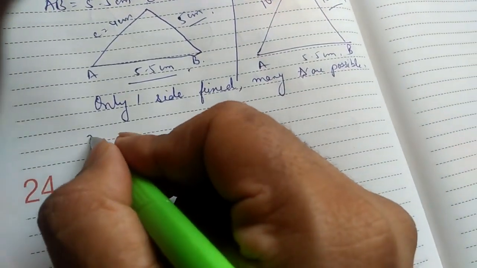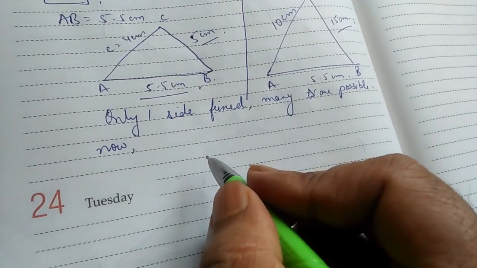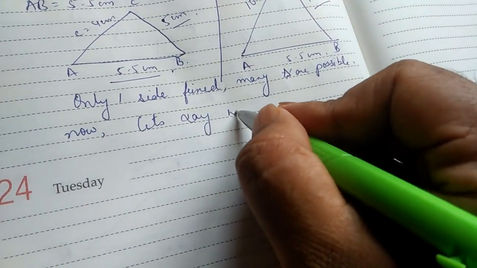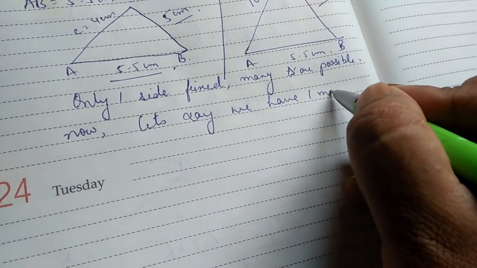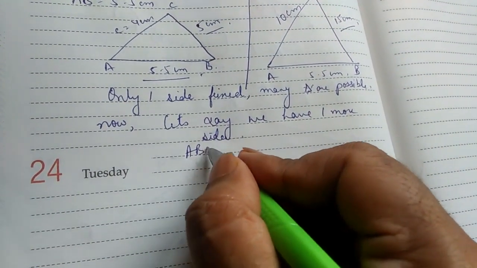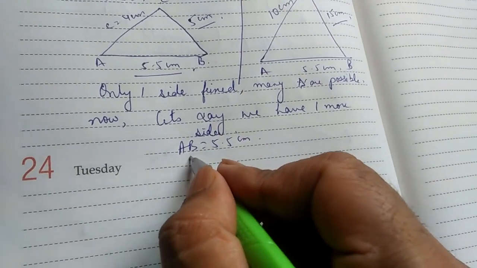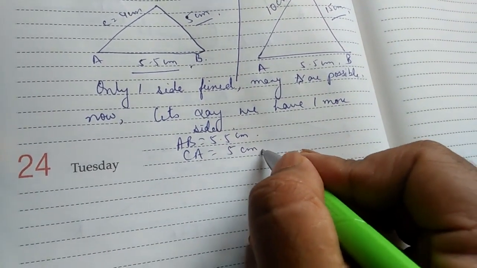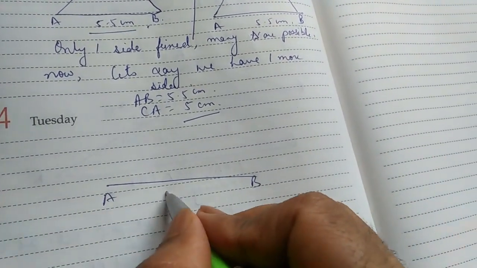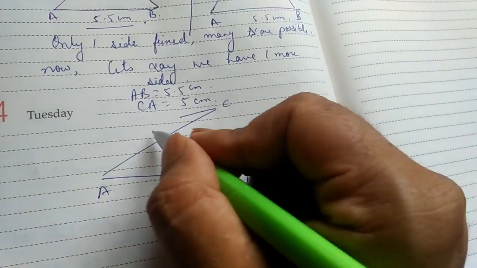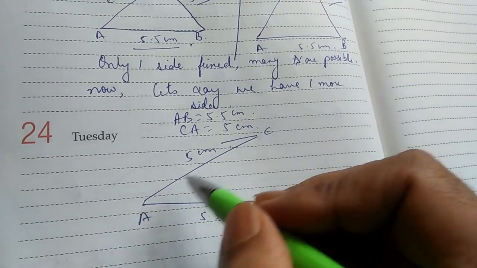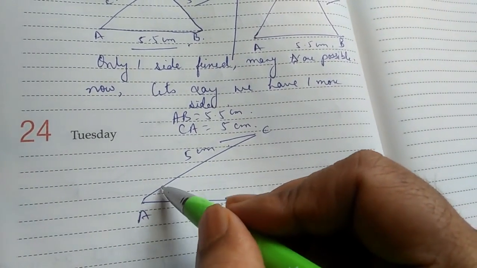So now let's say we have one more side. AB is equal to 5.5 centimeters, CA is equal to 5 centimeters. Now CA can be at any angle, let's say it is at 30 degrees.